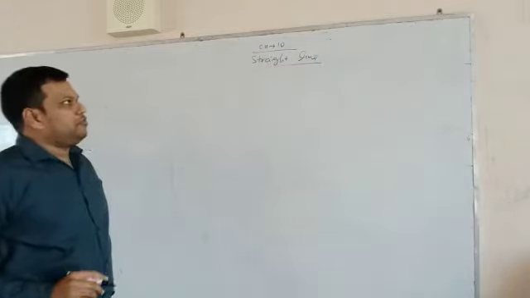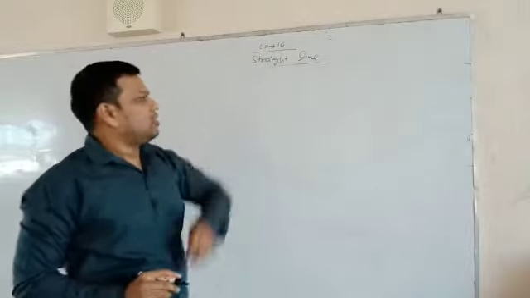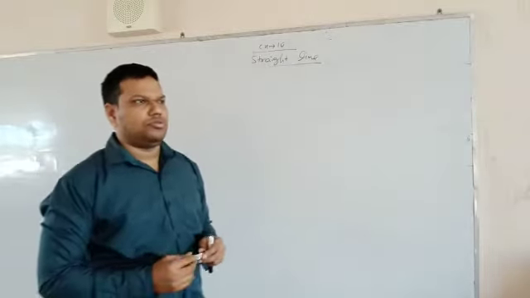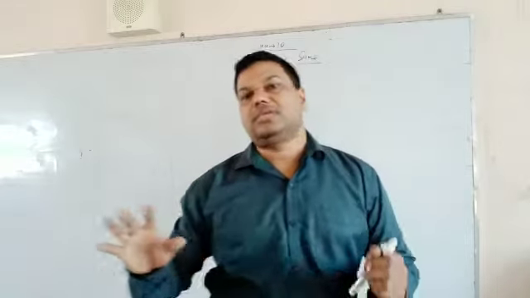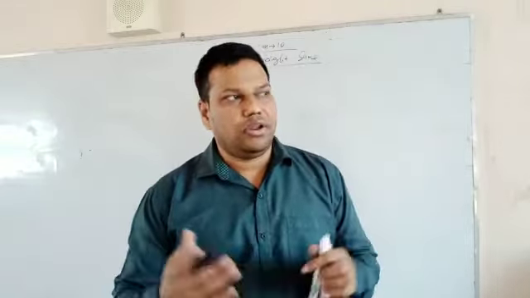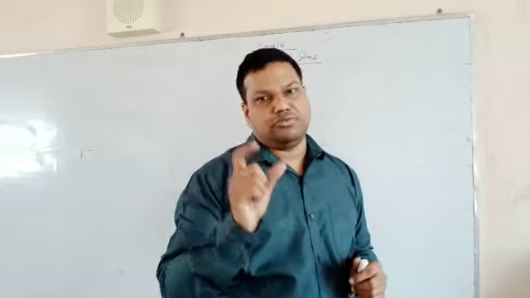First of all, before we learn about the straight line, you should know that in class 10th it is expected that you know the distance formula. You already know the distance between 2 points.